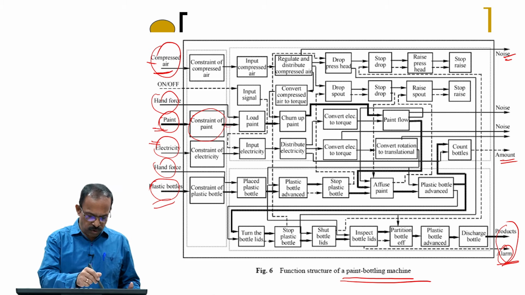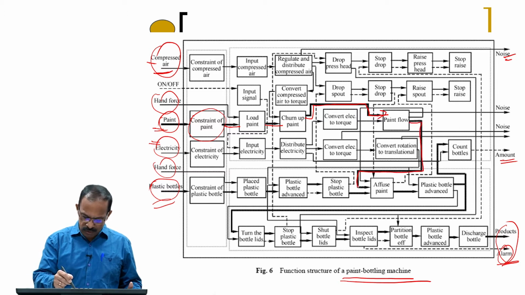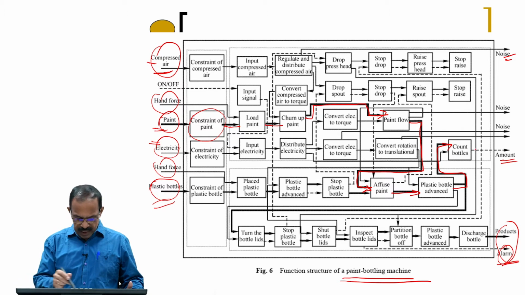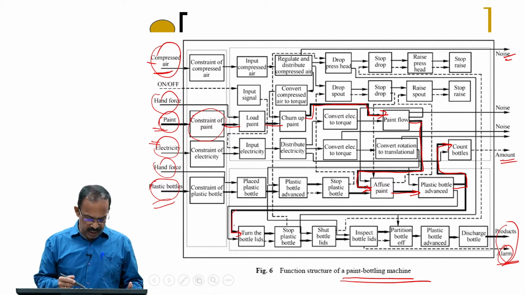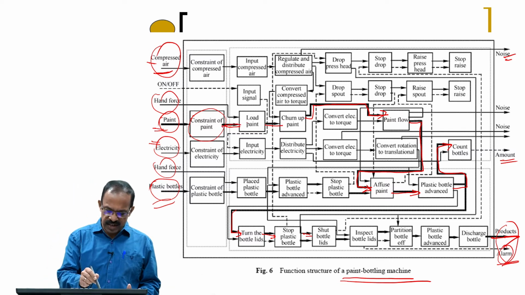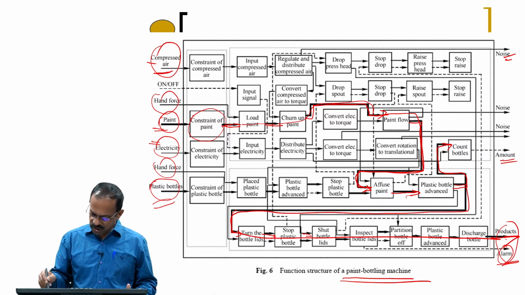Then the paint flows to fill the bottle, and the bottle is counted, the bottle lids are turned and closed, and the discharged bottle comes out here. You can see the flow is taking place like this, with the paint bottle going here and finally coming out.